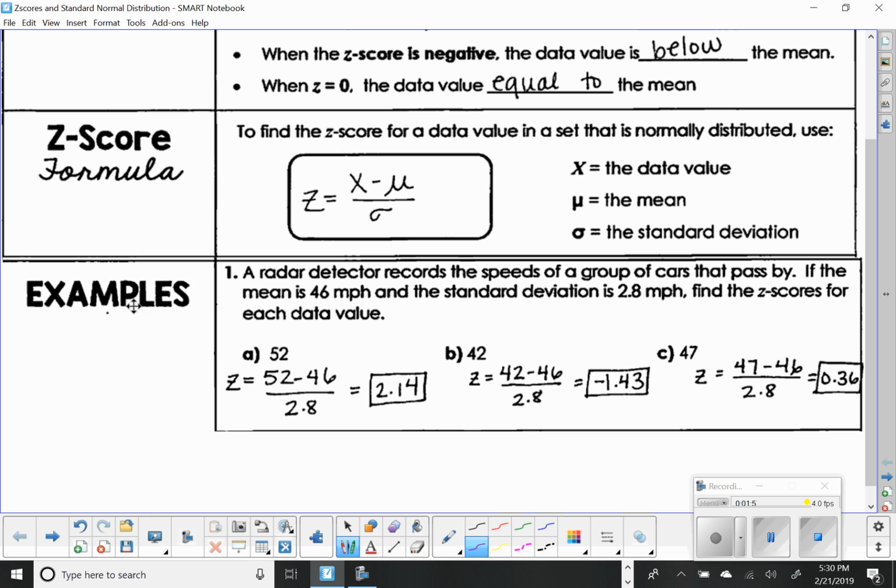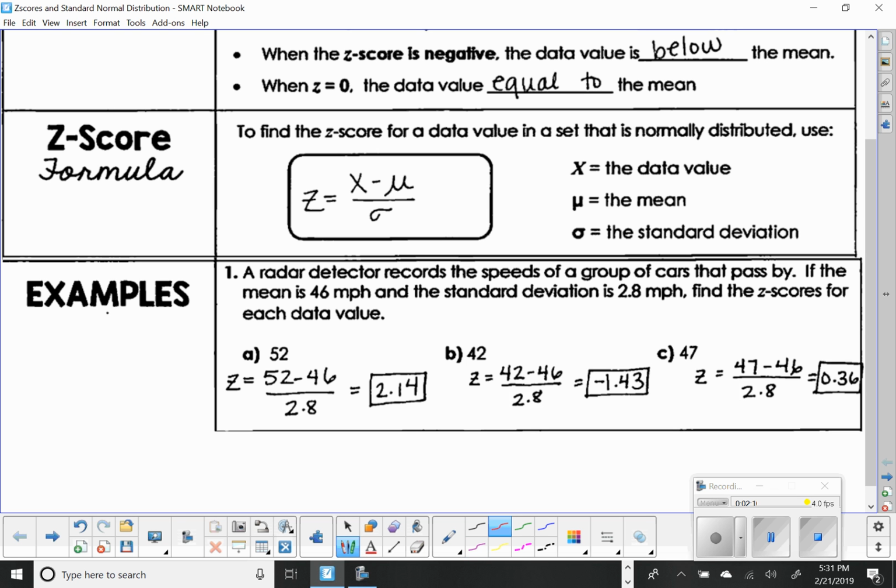Now, examples. A radar detector records speeds of a group of cars that pass by. If the mean is 46 miles per hour and the standard deviation is 2.8 miles per hour, find the z-scores for each data value. Well, you plug in for every last one of these.